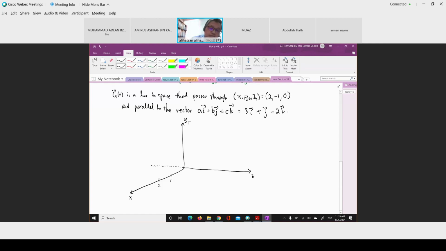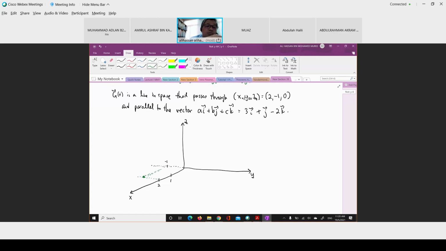I'm sorry, the vertical axis should be z, and this one should be y. So minus 1, let's say it's over here. For the point 2, minus 1, 0, you measure 2 units along the positive x-axis, and then 1 unit along the negative y-axis, and then z is 0.